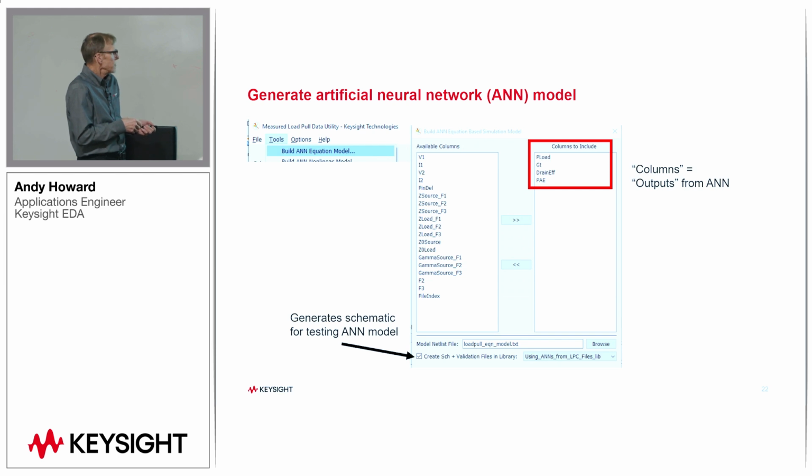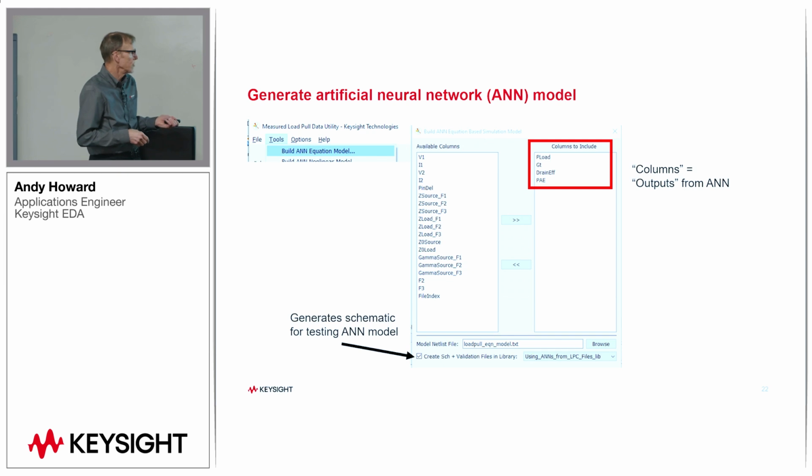This step will automatically generate a schematic that can be used to validate the resulting ANN model, which is quite useful. That's an option. You don't have to do this, but it's highly recommended because otherwise you don't know how accurate your ANN model is.